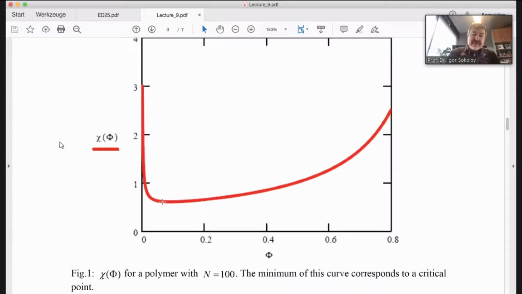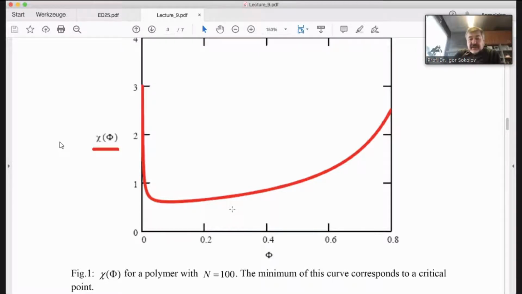So this means the following. If I start at high temperature here, this is 1/2, so I start somewhere here, I am in a solution which can get poor at low temperatures. So I start at high temperature, at some value of phi, here, whatever.